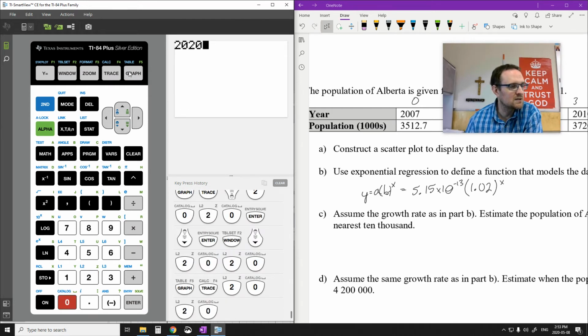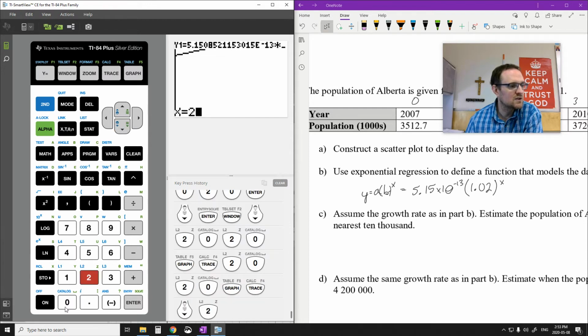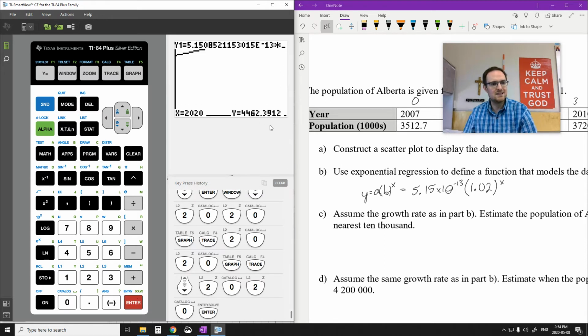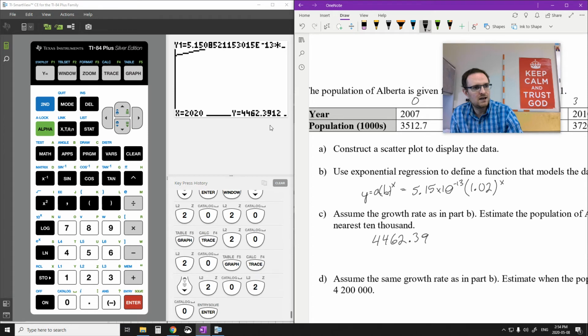2020. Trace. Hit the down arrow. 2020. There we go. 2020, 4,462. Now, what does that mean in the question? 4,462.391 is in the thousands.